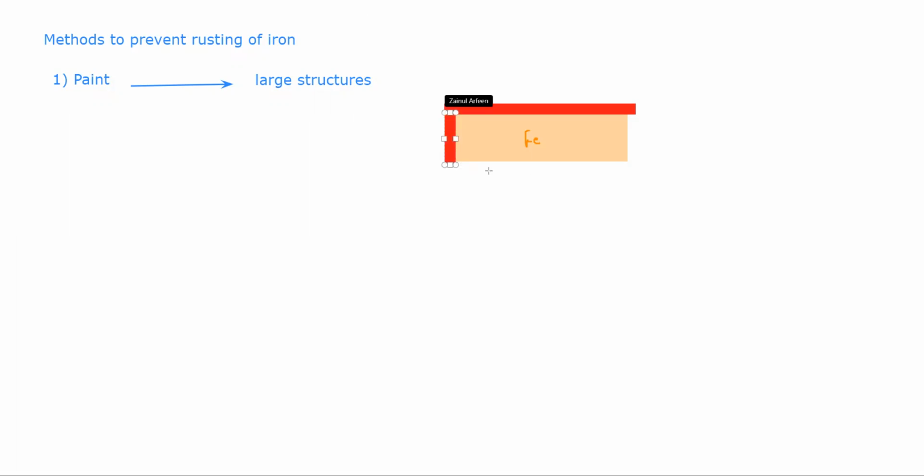How does it prevent it? Because it is not allowing any interaction of oxygen and water vapors from the atmosphere with the iron, so the iron will not rust. But if the structure or surface is used for a longer period of time, the layer of paint might tear off or peel off. In that case, we have to repaint it again.